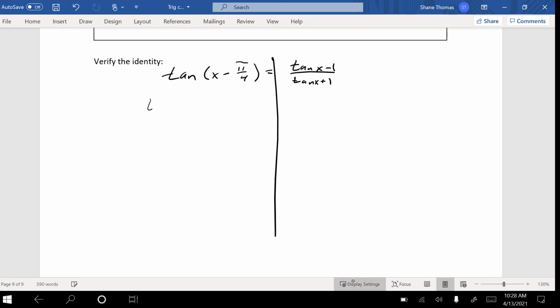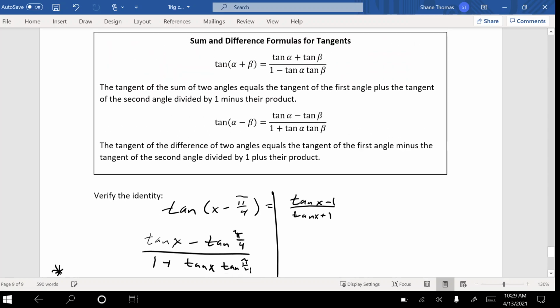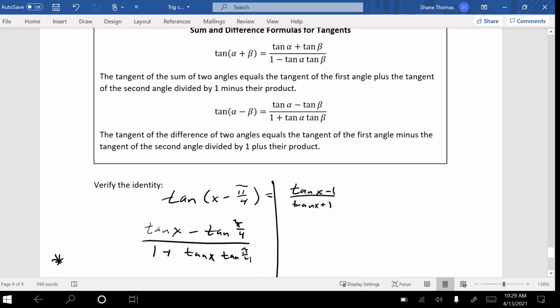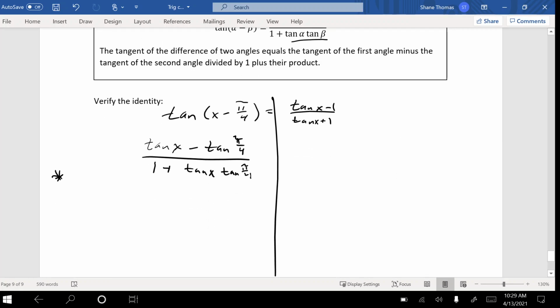So I have tangent of x, and this is my first term, minus my second term, this is tangent pi over 4, over 1 plus tangent of the first term, tangent of the second term. Now, looking back at your unit circle, tangent of the first minus tangent of the second over 1 plus tangent of the first times tangent of the second.